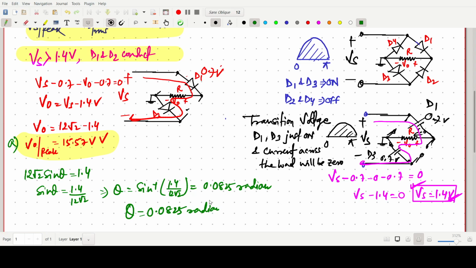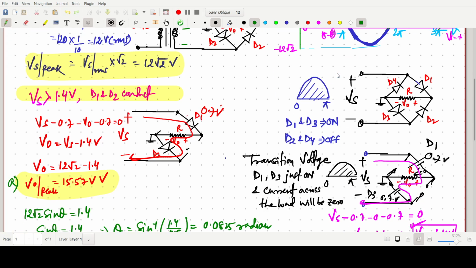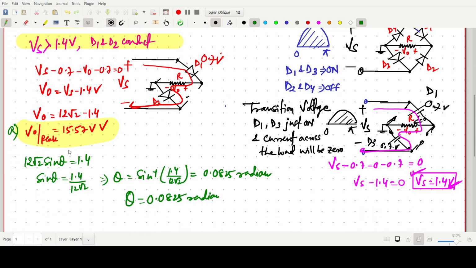Okay, this is one of the important results. Now we can also write pi minus theta. I am just showing you where the theta value is, this theta value. So this point is our pi minus theta, the other point.